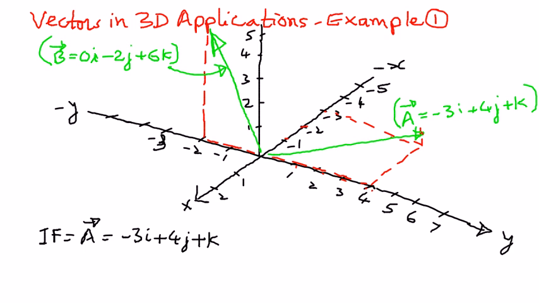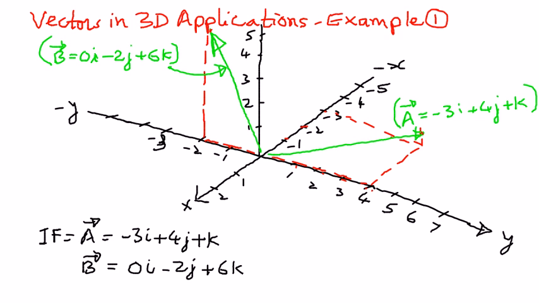And if vector B is given to us as 0i minus 2j plus 6k, the way to plot it on this XYZ coordinate system is as follows. There is no x, so we will not have any x ordinate, and there is going to be a y ordinate, and we're going to go 2 units on the negative y-axis, and then we're going to rise 6 units on the positive z-axis.